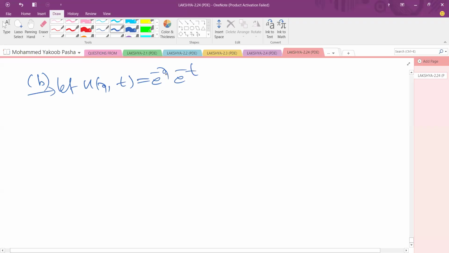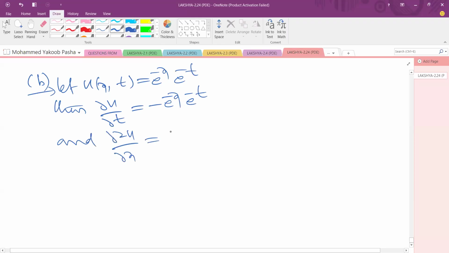Okay, differentiate it with respect to t. First, dou u by dou t is equal to minus e power minus x into e power minus t, and dou square u by dou x square, two times differentiation, is e power minus x into e power minus t only. Okay, now substitute in the given equation.